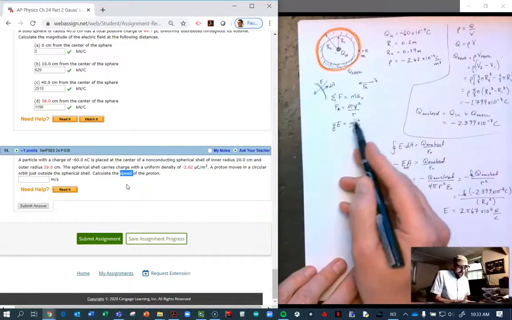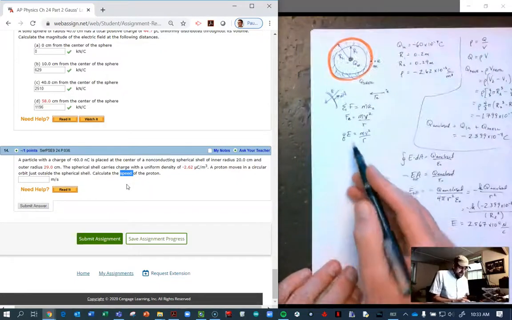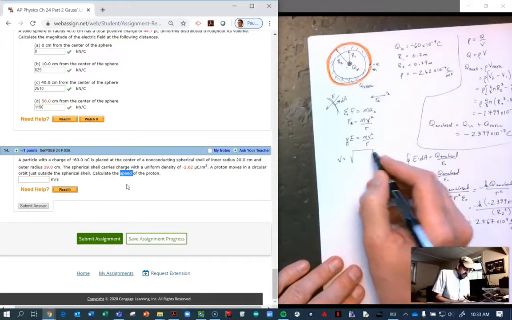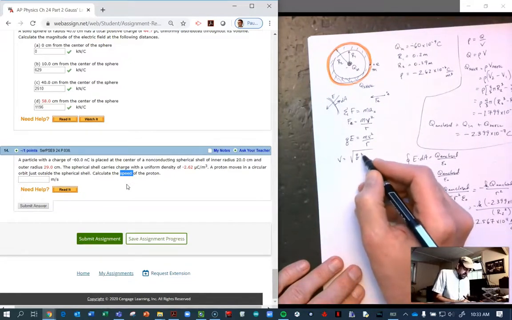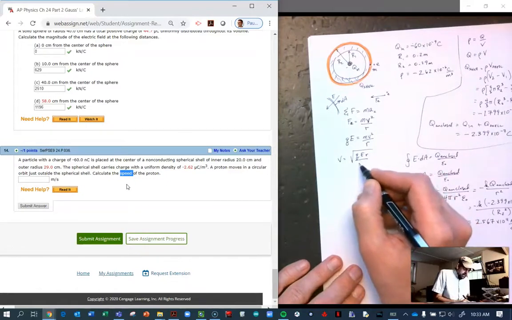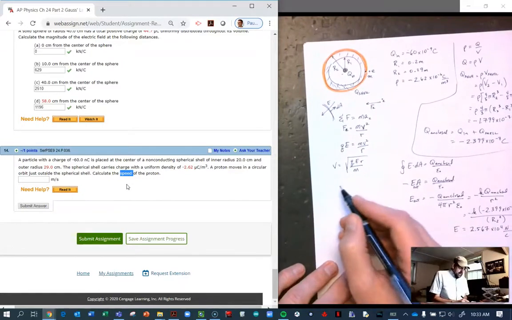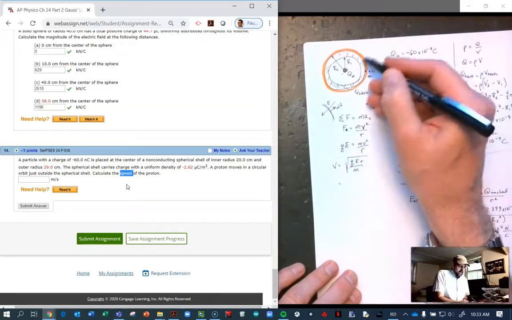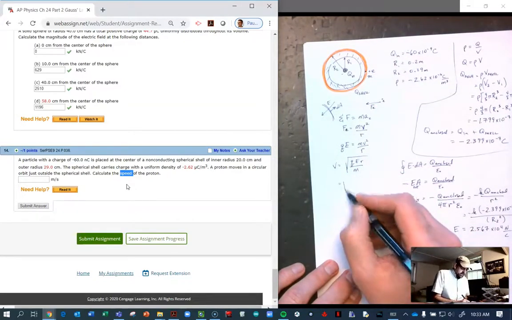So we're almost done. We're trying to find the velocity. And so this equation here, V is equal to the square root of Q E R over M. And again, for this problem, the charge is the charge that's embedded in the electric field, which is the charge of the proton.